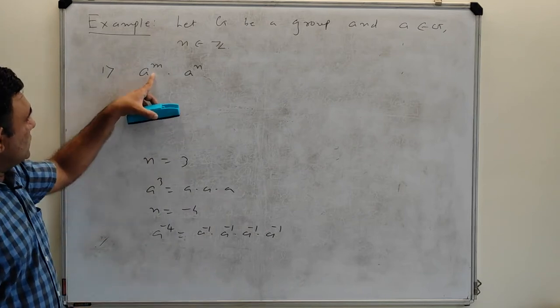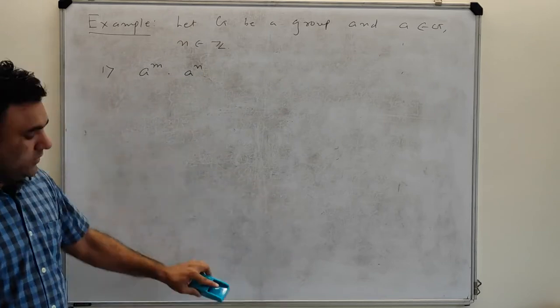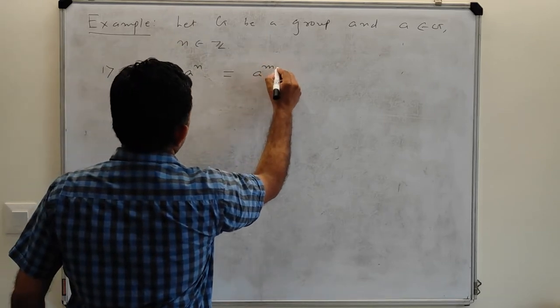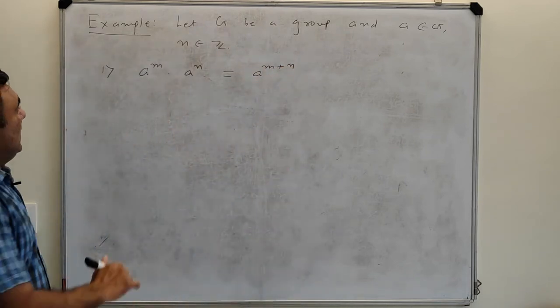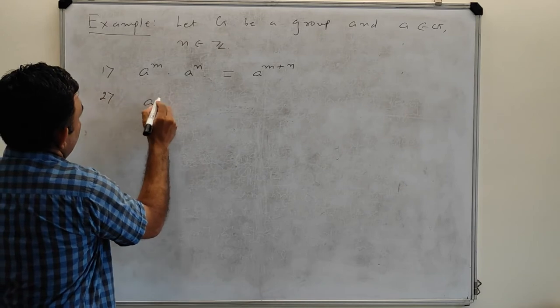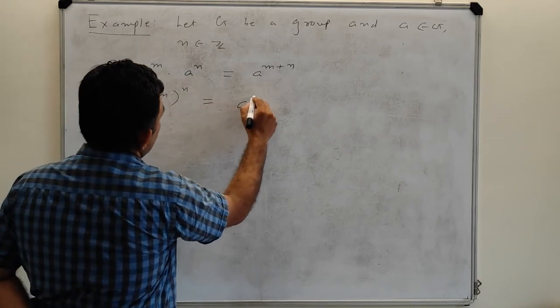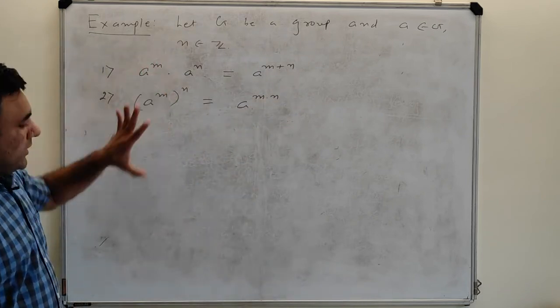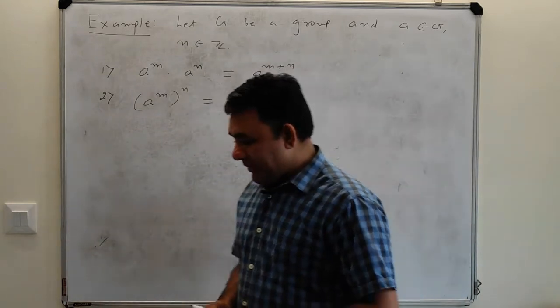So you prove that, first, a raised to m times a raised to n is a raised to m plus n. And second thing, a raised to m, raised to n, is a raised to m·n. You can prove these two results by using principle of mathematical induction, PMI.